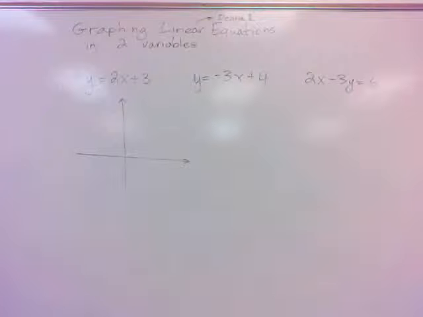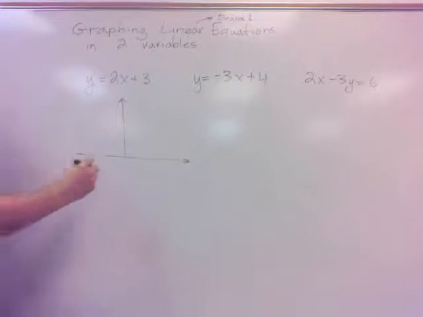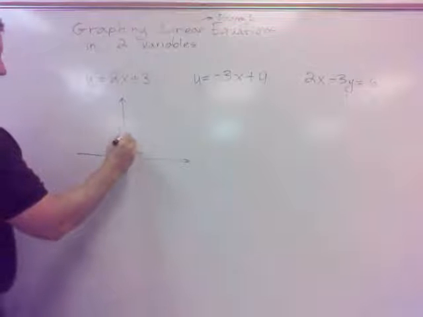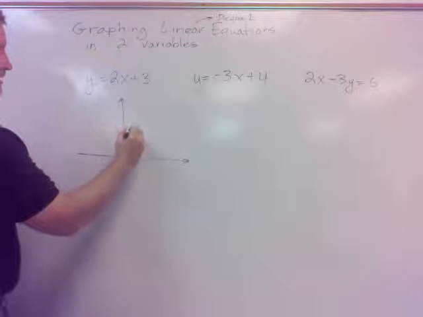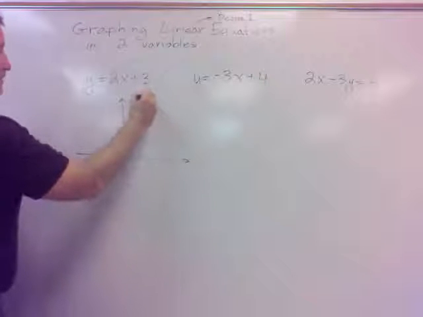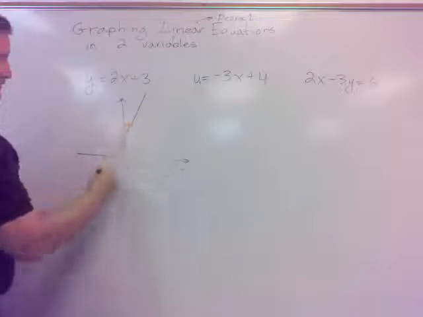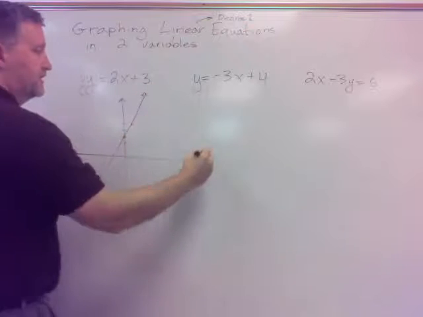But anyway, when you graph these, like I said, I'm going to do these quickly. This one turns out looking like this. And we could use a table. There's other ways, though, too. This one's going to look like this.